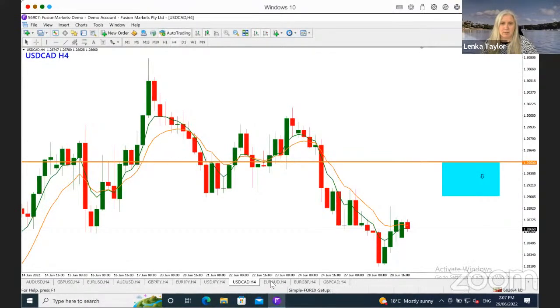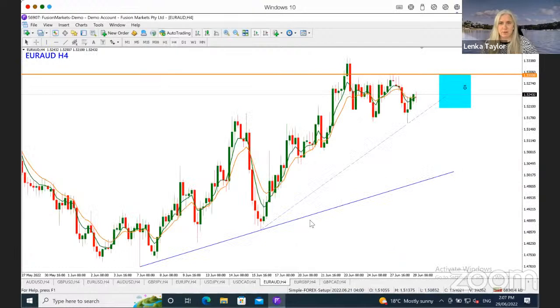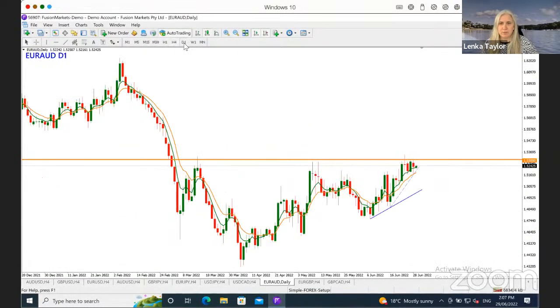Next currency pair I'm looking at is EURAUD. And EURAUD, I'm looking for a short. It's back again around that resistance that has already been there a couple of times.